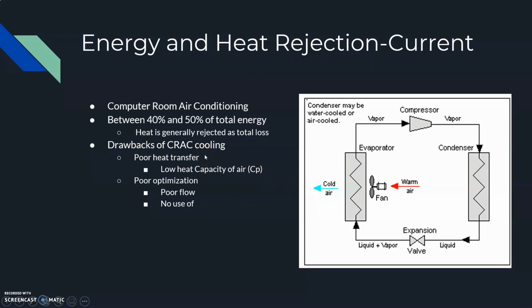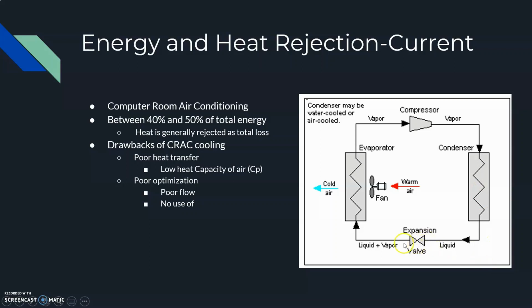Now, the drawback of CRAC cooling is that the heat's not transferred very well, and I'll explain the reason why in my diagram. You can see what's here is called a compressor vapor refrigeration cycle, and that's what CRAC uses to cool. A compressor compresses vapor and pushes it through a condenser, which condenses it down to a liquid.